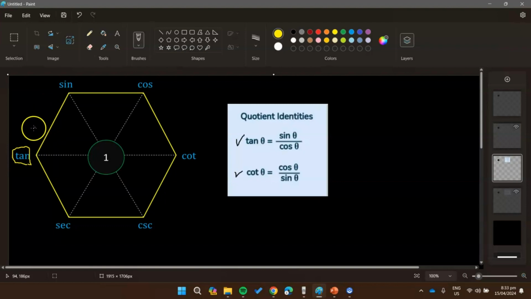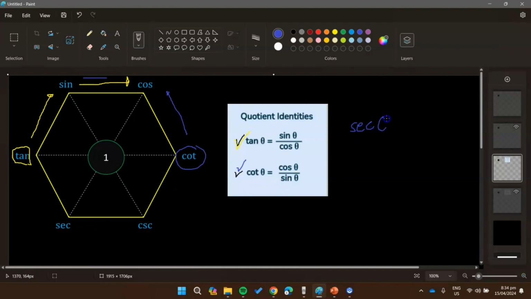So if you are going to move clockwise direction, you will get sine over cosine. That is again tangent theta. Or we can also do counterclockwise. Cotangent is equal to cosine over sine theta. Now, what about if you're trying to get secant theta?